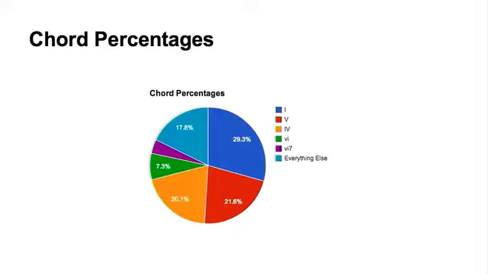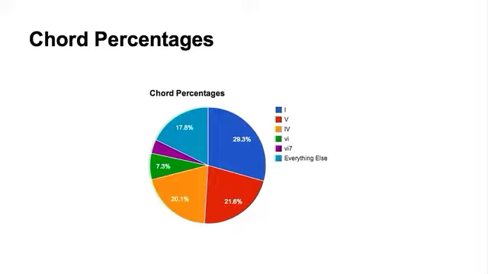The largest percentage is the 1 chord, a major chord, 29%. 21% is the 5 chord, and then just behind it at 20% is the 4 chord. Those 3 chords make up nearly 75% of all the chords that we play in all the songs. If you add to that the 6 chord, which is a minor chord, you get well over 75%.